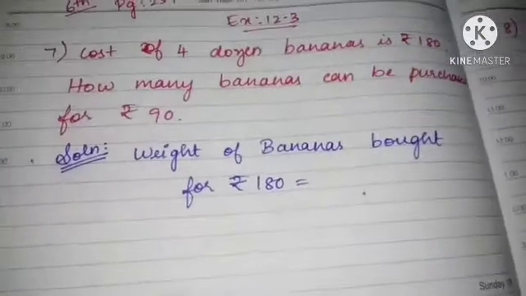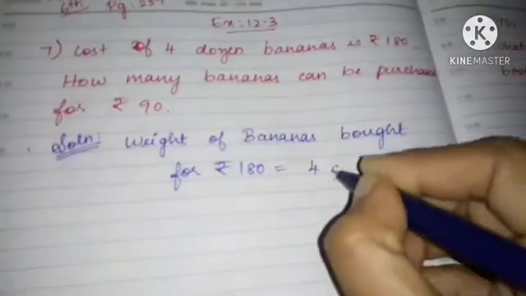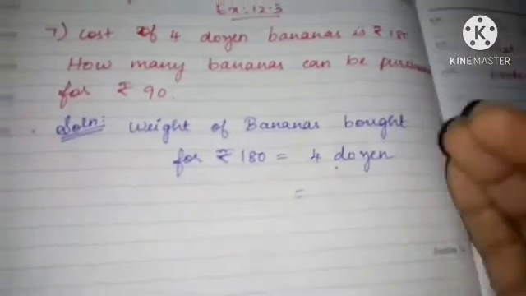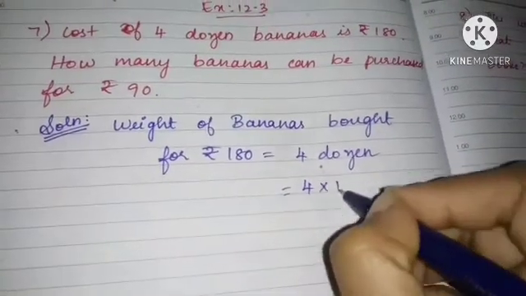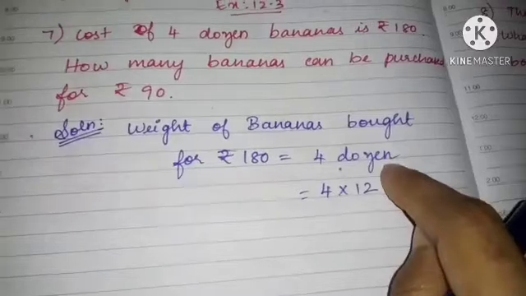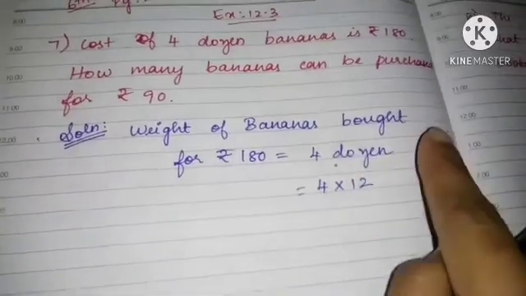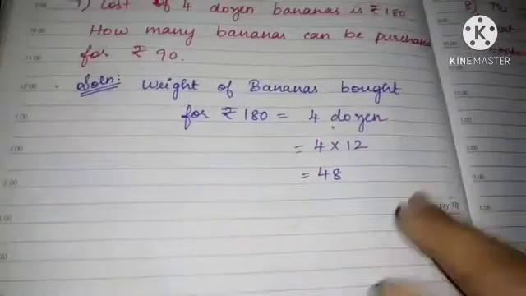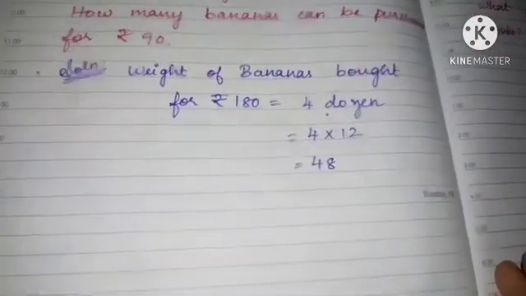Think, what is the quantity? 4 dozen, right? 4 dozen means what is the actual value? 1 dozen is nothing but 12, but 4 dozen means 4 into 12. 48 bananas you will get for 180 rupees, correct?